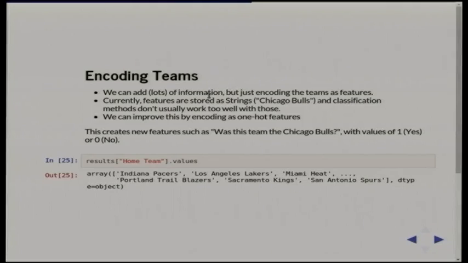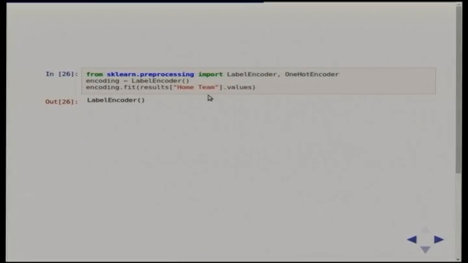The trouble with this encoding is that our classifier is going to think Indiana Pacers and Los Angeles Lakers only have a difference of 1, whereas the Indiana Pacers and Miami Heat have a difference of 2. So it's going to infer information that's not accurate there. But it is our first step.